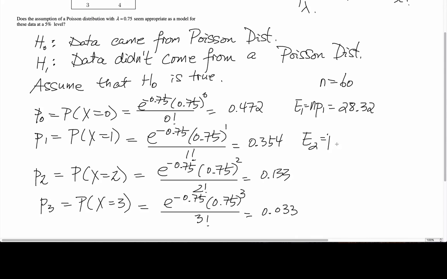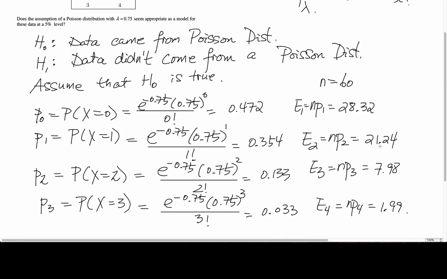I would expect to see E2 = np2, which is 21.24. And same thing for E3, 7.98, and E4, which is np4, or 1.99.